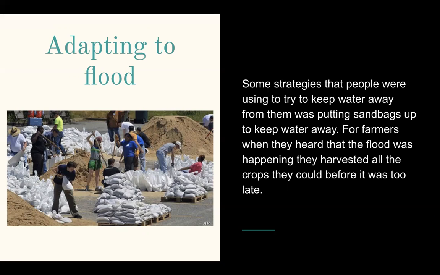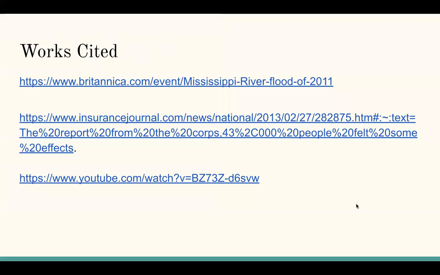A lot of it would be on farmland, so farmers could try and harvest as much crop as they could before the crop was destroyed, and then the water would eventually come in.